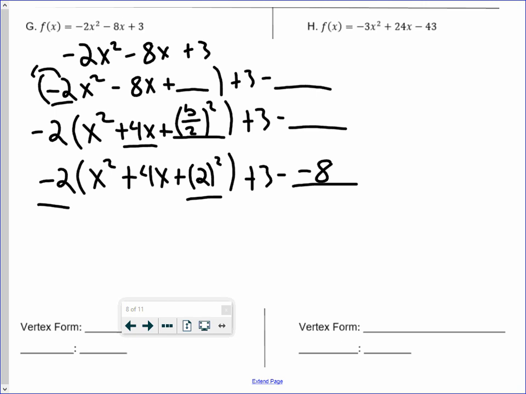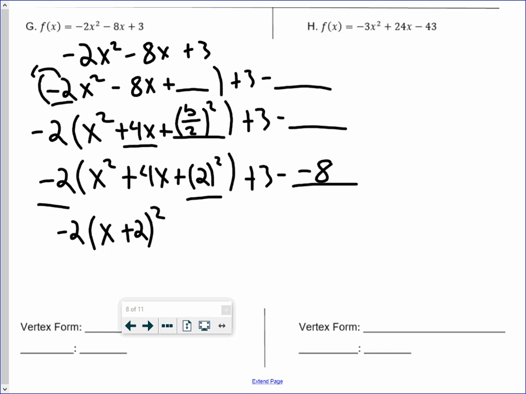So let's solve it out now. We can make this perfect trinomial inside the parentheses into a binomial. So we get negative 2 times x plus 2, since 4 divided by 2 is 2, all of that squared.